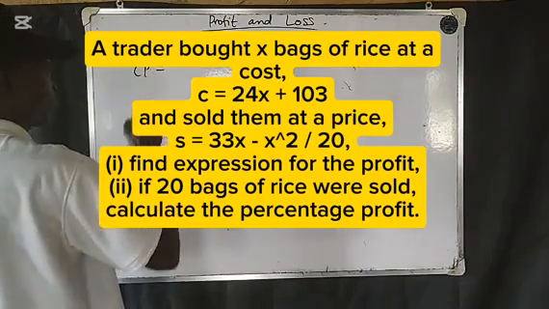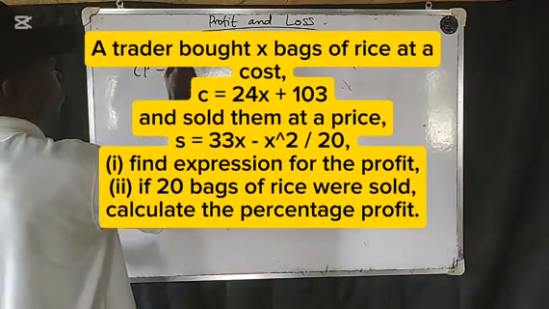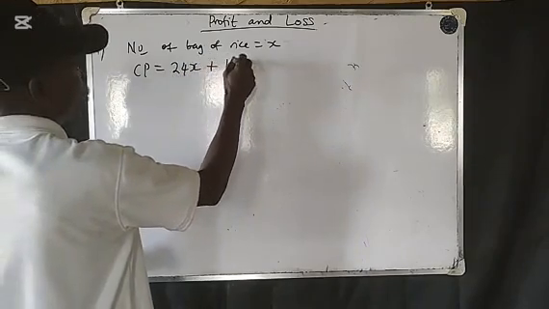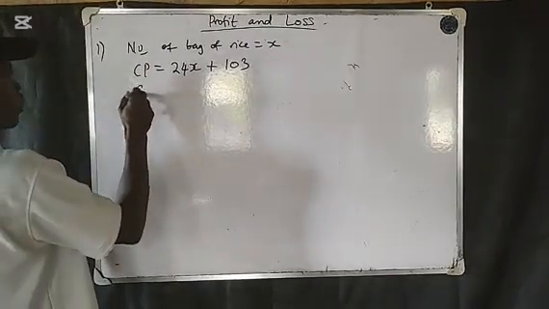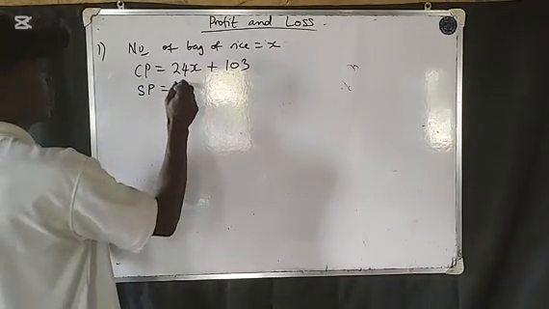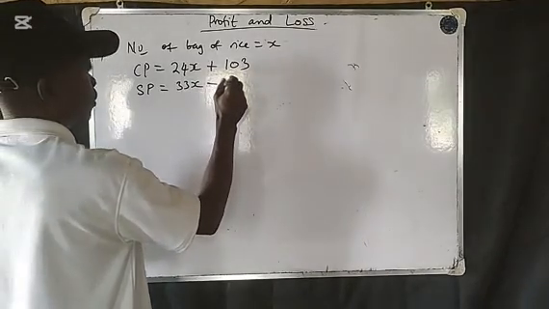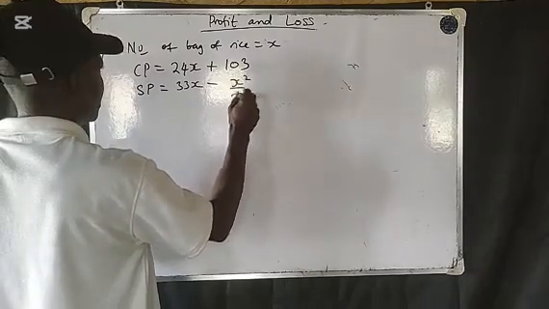CP equals to what? 24x plus 103. This is the cost price, right? Selling price is equal to what? 33x minus s square over 20.